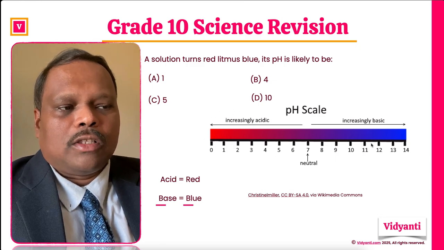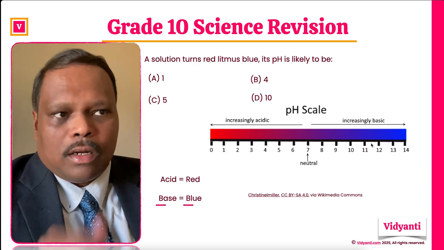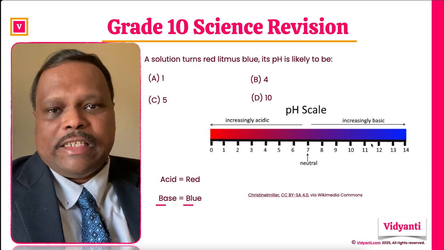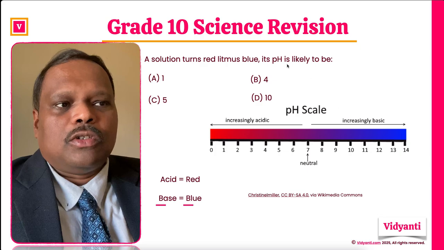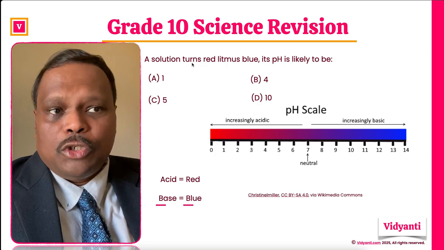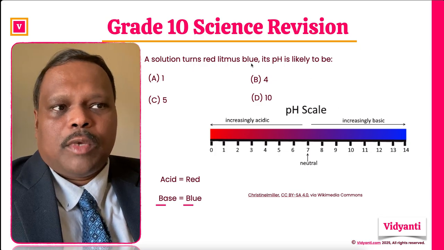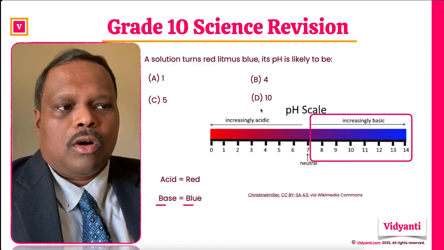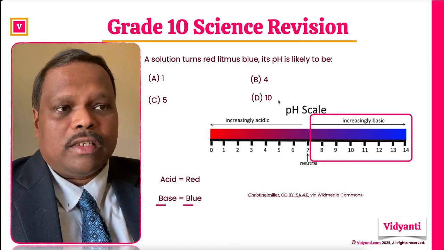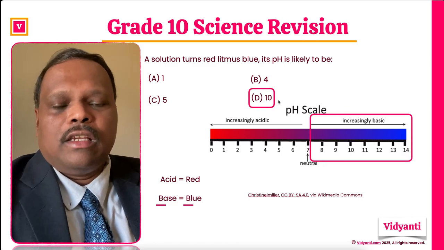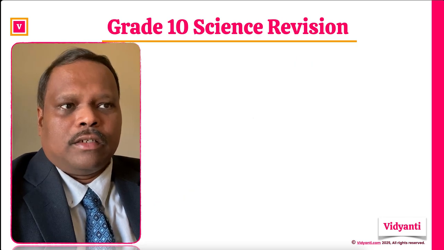But 10 is on the right side, so that will be your basic or alkaline side. So the correct answer, a solution that turns red litmus paper blue, will be along the right side of the pH scale. So the final answer will be D, and that's your correct answer.